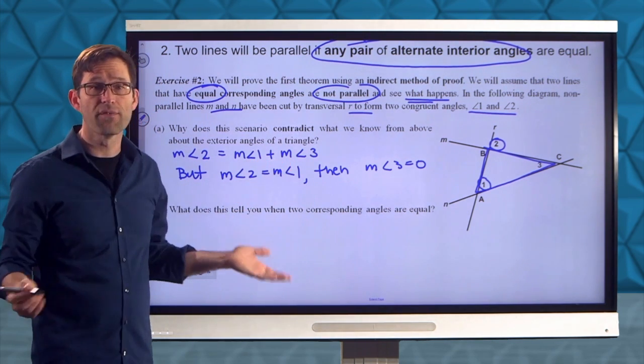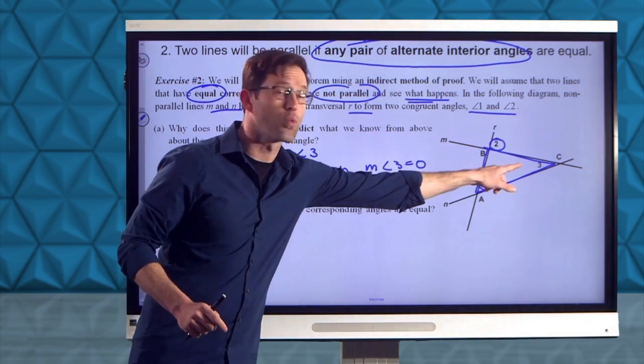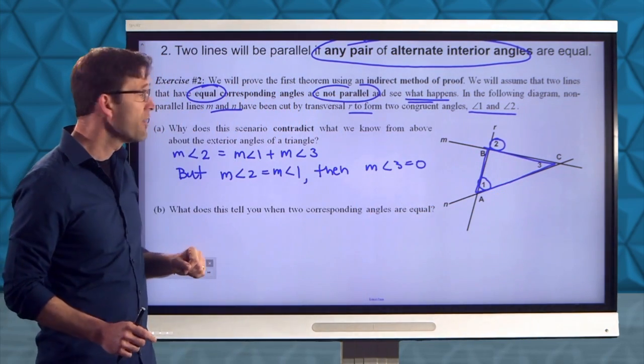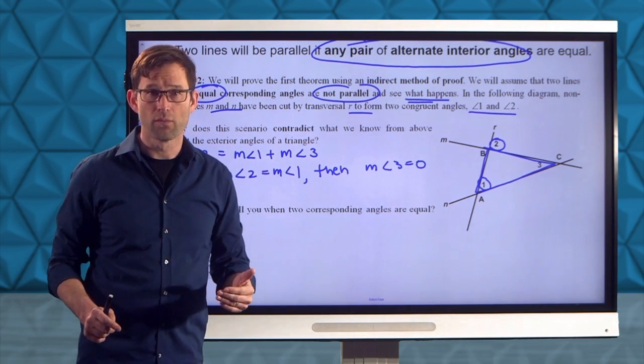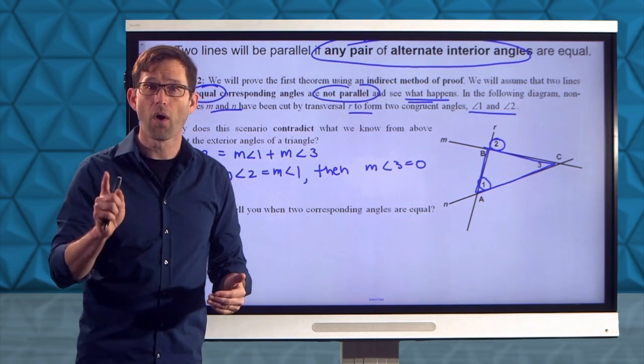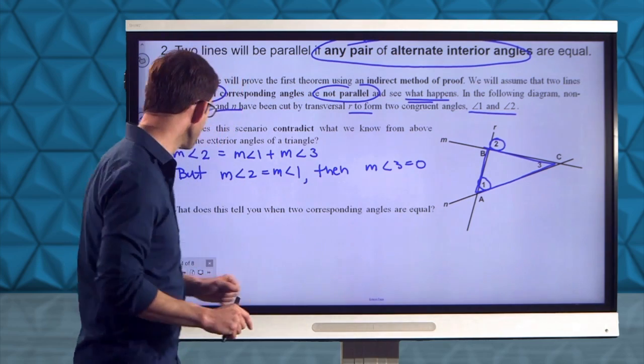That thing can't have any value. Plus, we know that the measure of the exterior angle must be greater than these two angles. And therefore, it contradicts something that we've already proven, which is that the exterior angle always has to be equal to the sum of those two remote interior angles.